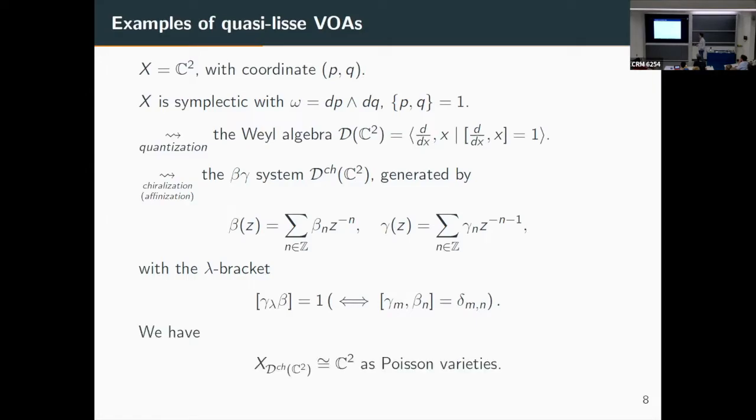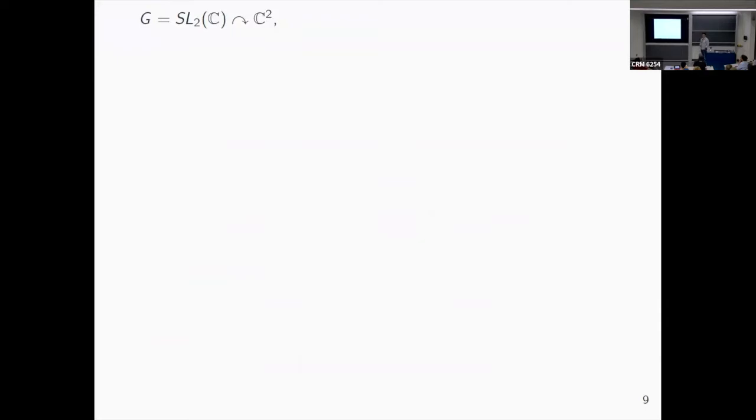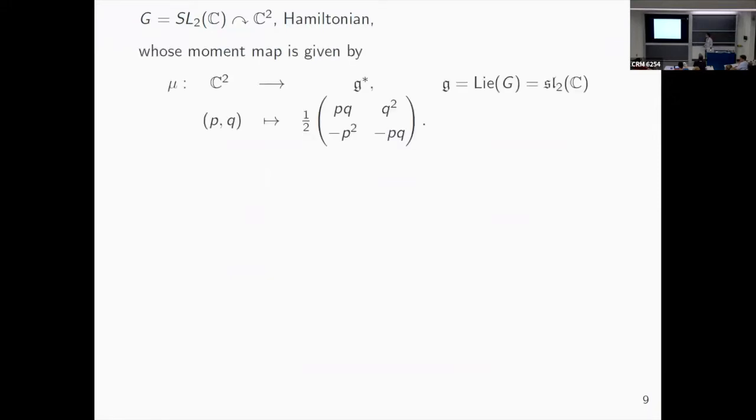And you can show that the corresponding associated variety is exactly the C2 we started with, as Poisson varieties. And you can play with this example a little bit more by considering the natural action of SL2(C) on C2, which is Hamiltonian. And so the corresponding moment map is given by this formula.